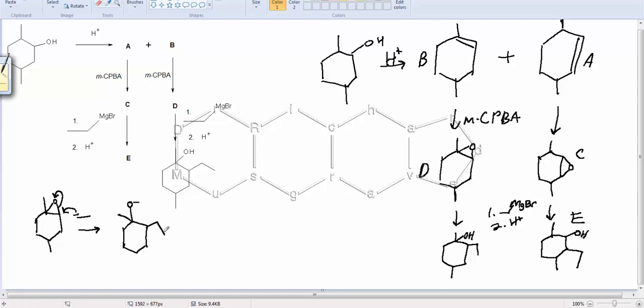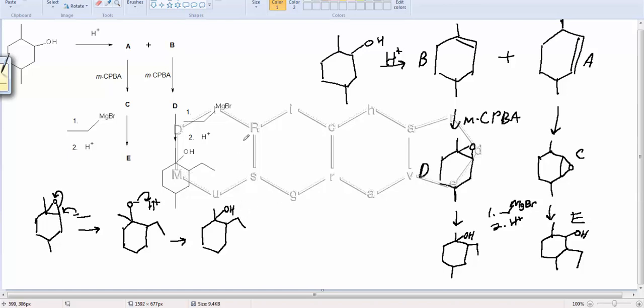And there's the 2-carbon chain from the Grignard reagent right there, and then we can add H plus to that. And that produces this alcohol, which, as I said, matches this alcohol here.